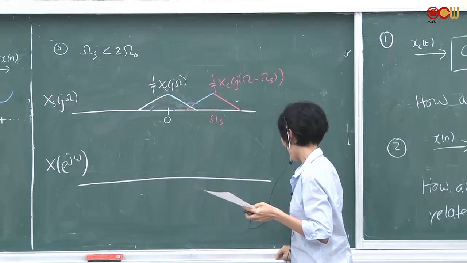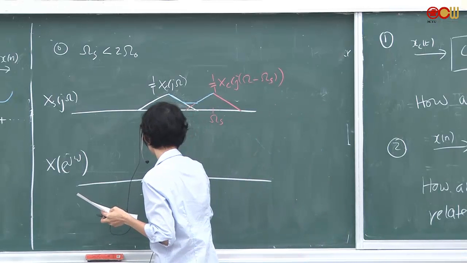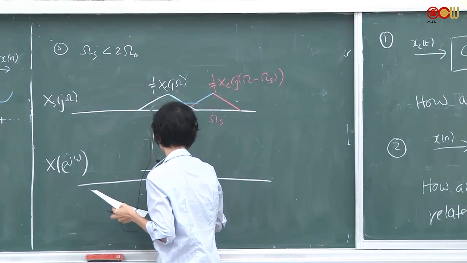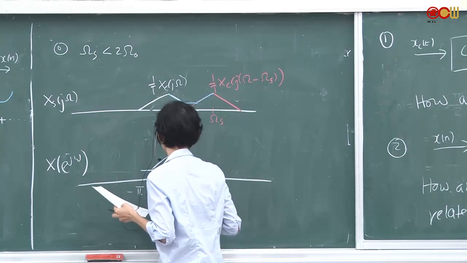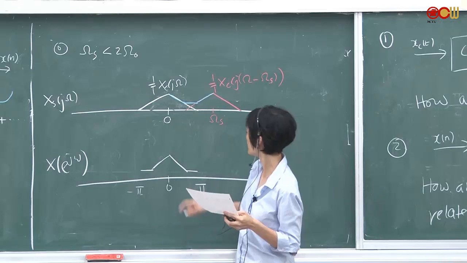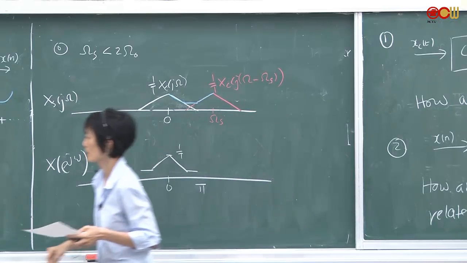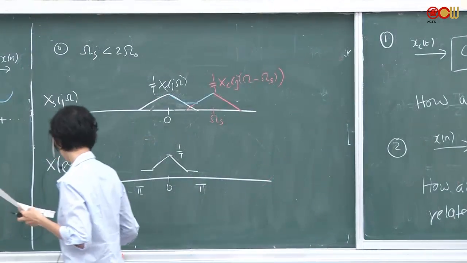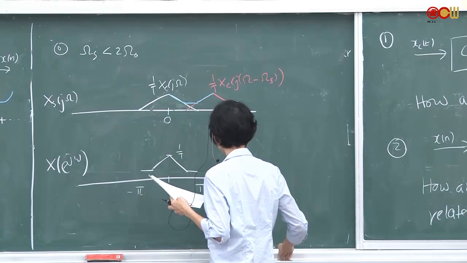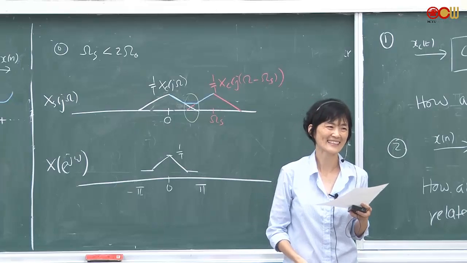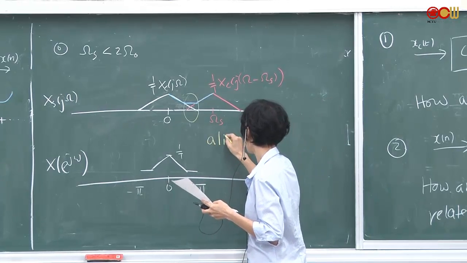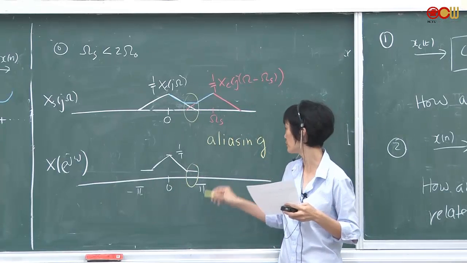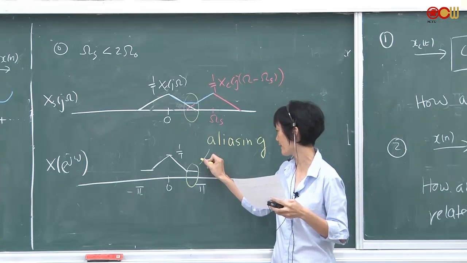When we draw, this is one period from minus pi to pi of Xc(j omega), with height 1 over T. Whenever overlapping occurs, we say there's aliasing. And this part is due to aliasing as well.